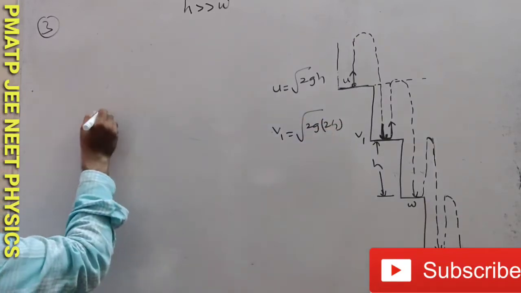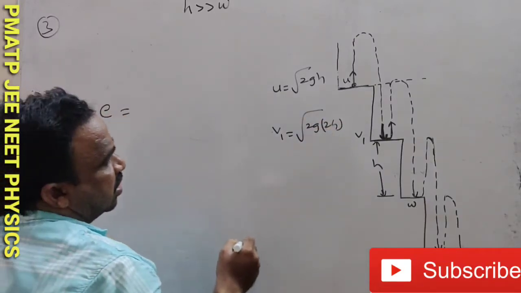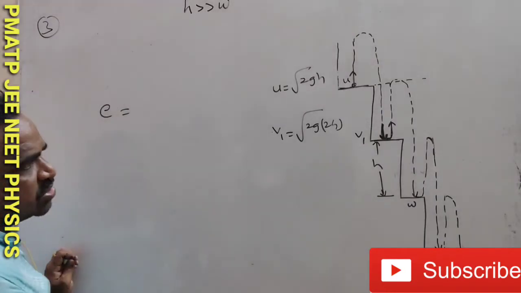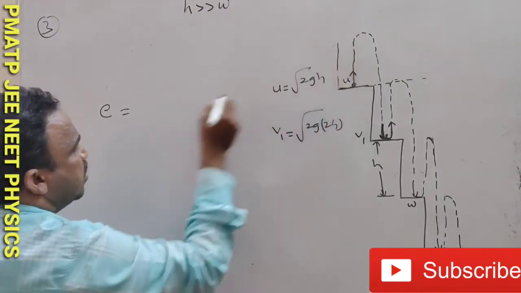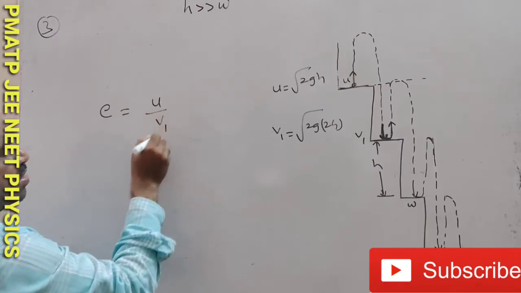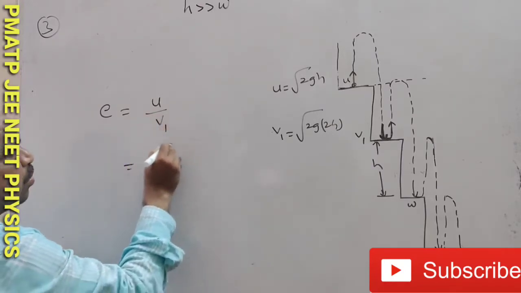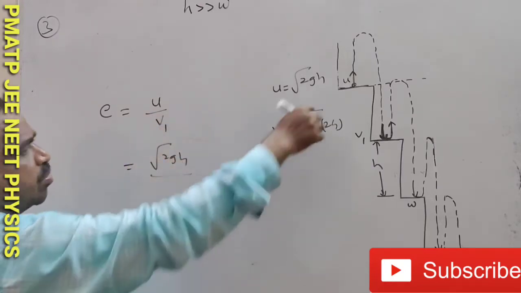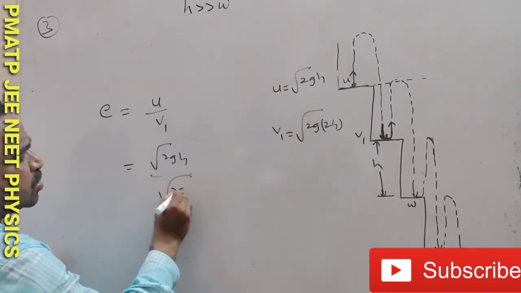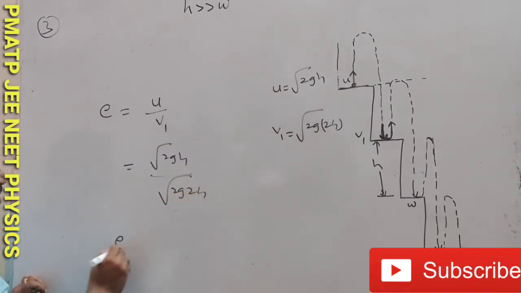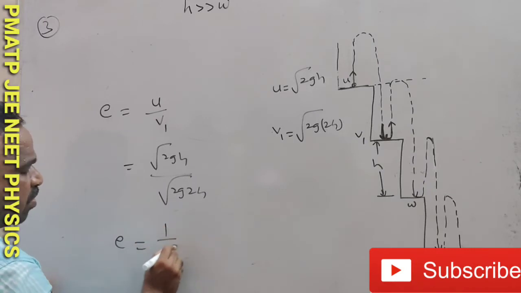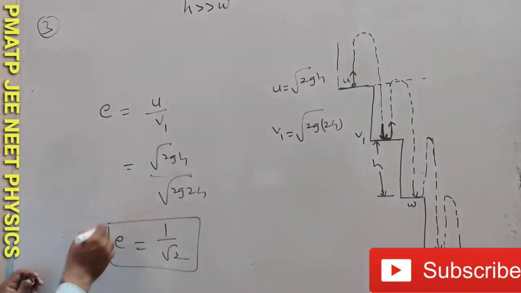So the coefficient of restitution is equal to separation by approach. Separation is u, approach is v1. So u is root of 2gh by approach, root of 2g 2h. Then after simplifying you can get 1 by root 2. This is the coefficient of restitution in this case.